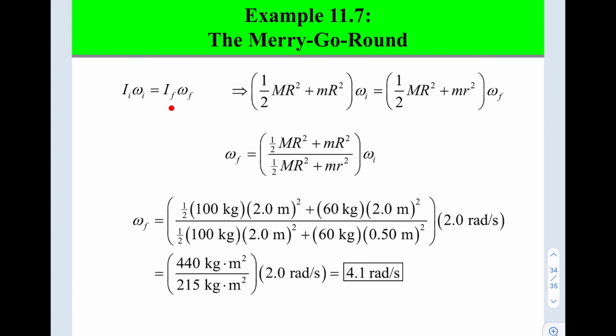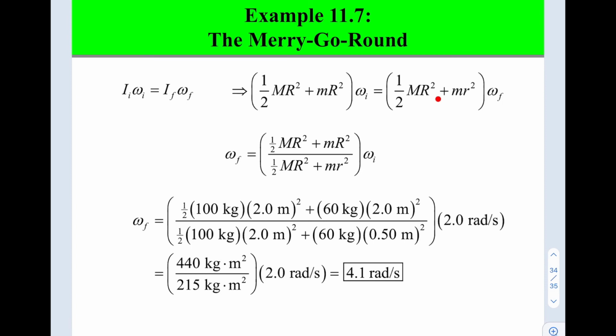By making use of the conservation of angular momentum concept, we're going to use this one. The I initial will be I of the disc of the merry-go-round plus I of the student, times the omega initial of the system.